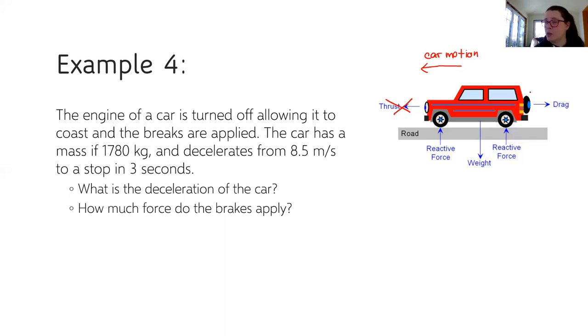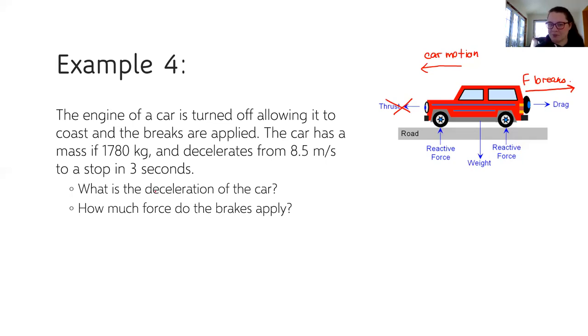And the only force is a drag force from the brakes. So this is the force of our brakes, pulling it backwards, causing it to slow down. So we need to figure out, how big is that force? What is it that's slowing it down?